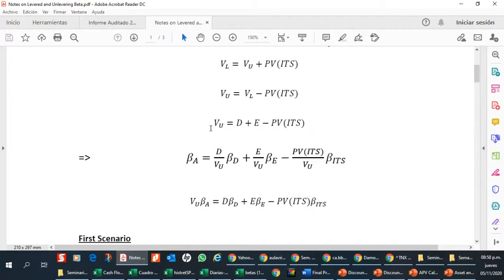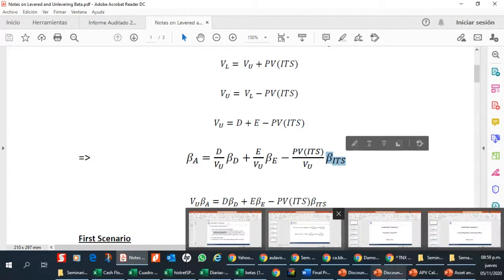So if we multiply these elements and we move this VU as a divisor in each one of these variables, we're going to get an expression similar to this. The beta of the assets of the company is going to be equal to debt divided by the value of the unlevered company times the beta of debt, plus the equity divided by the value of the unlevered company times the beta of equity, minus the present value of interest tax shields divided by the value of the unlevered company times the beta of interest tax.